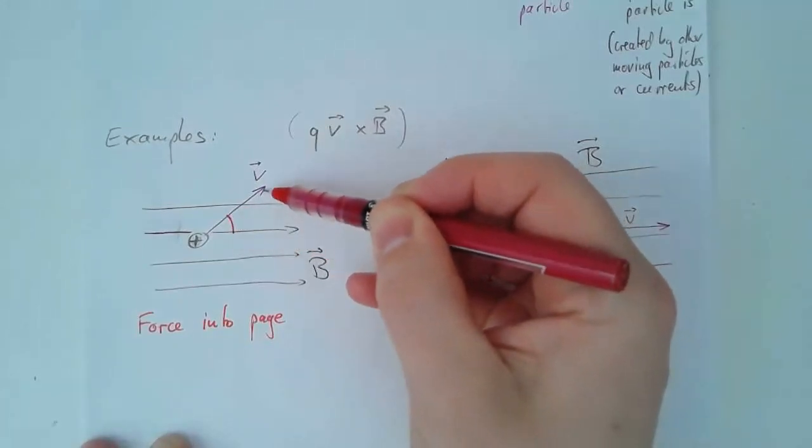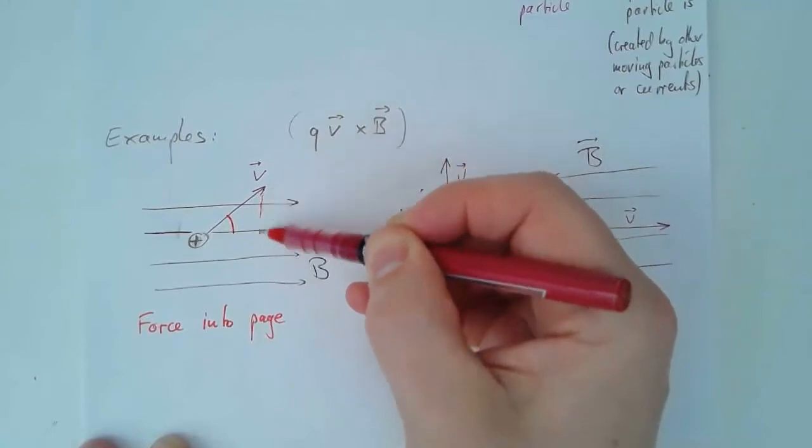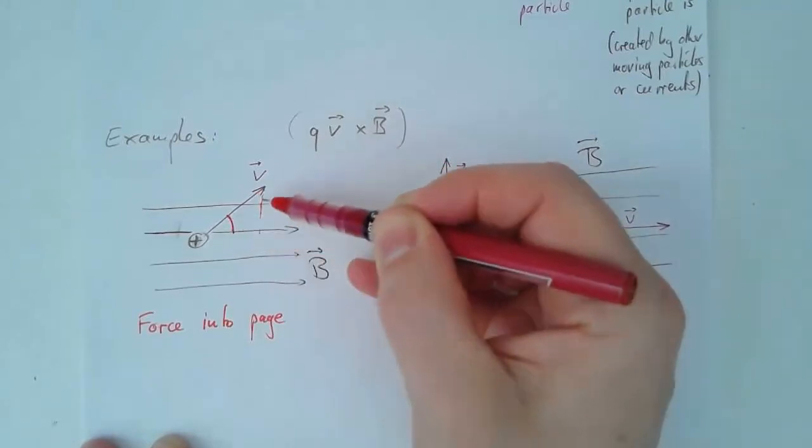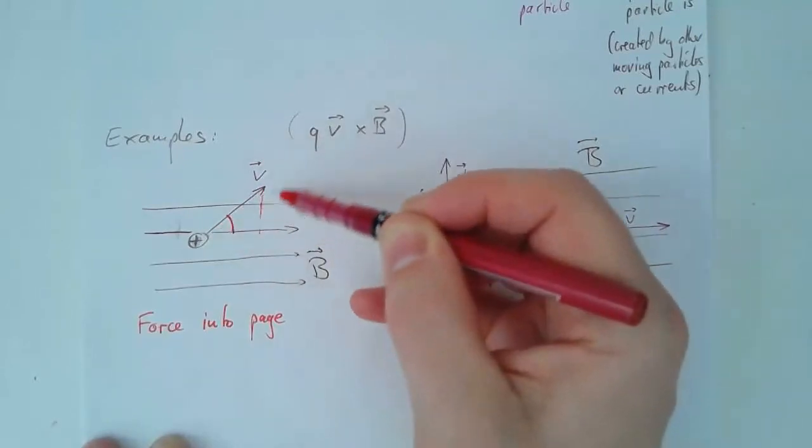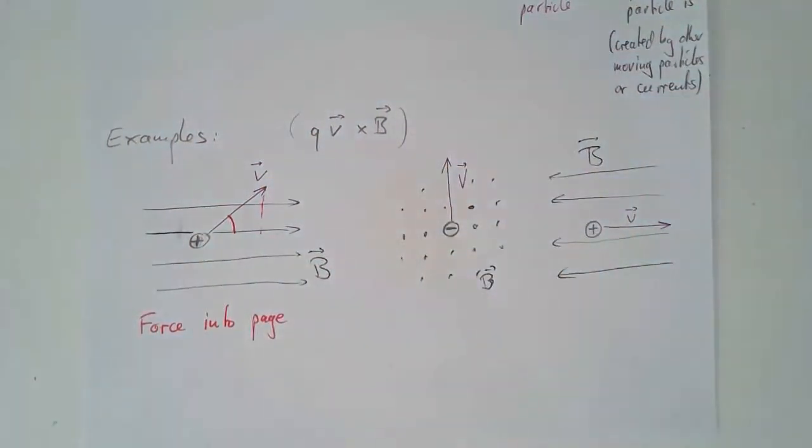We're really just caring about this component here. V sine of this angle is this. So it's almost like you can ignore the part of the velocity that's parallel to the field. If that sounds a bit confusing, do a couple of examples, and I think you'll see that pattern.